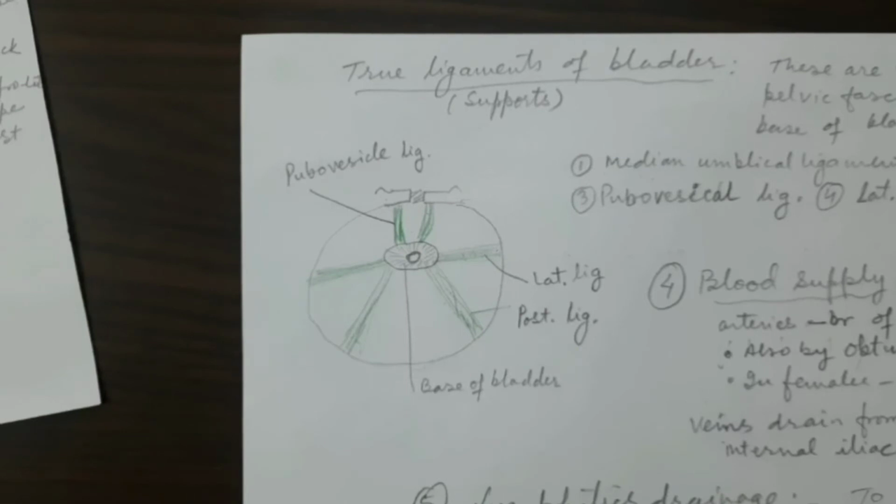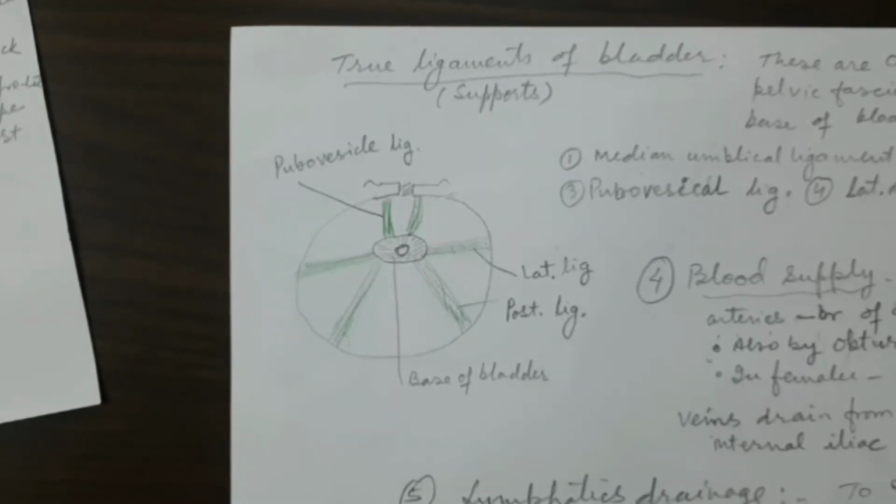Now the nerve supply. I will take some more time to explain the nerve supply because it is very important. The nerve supply is from the inferior hypogastric plexus. The inferior hypogastric plexus will send its autonomic nerves, that is the sympathetic and parasympathetic, to the vesical plexus.